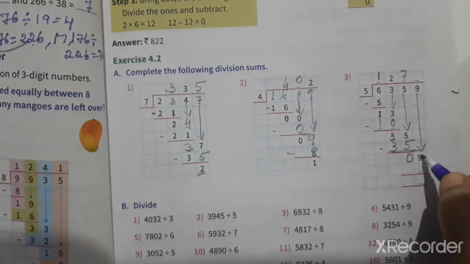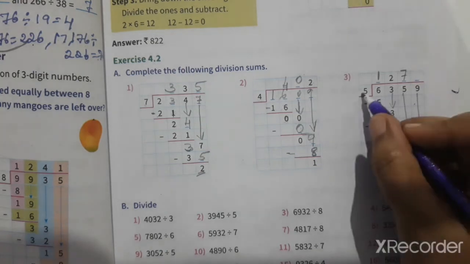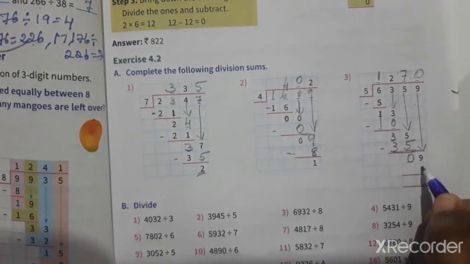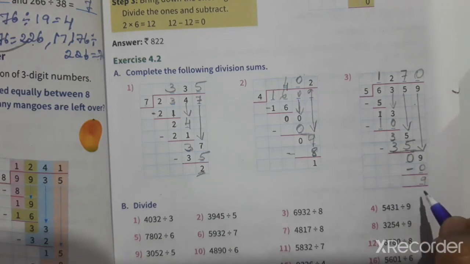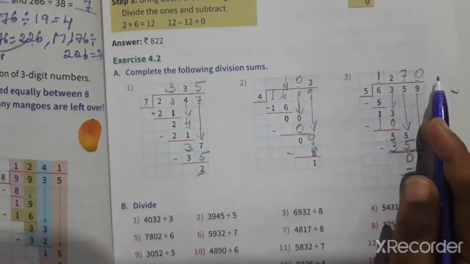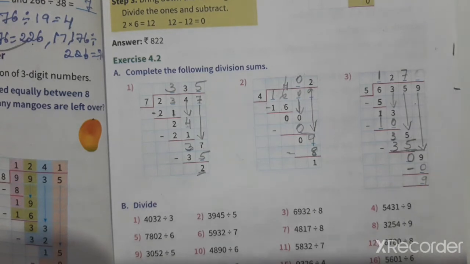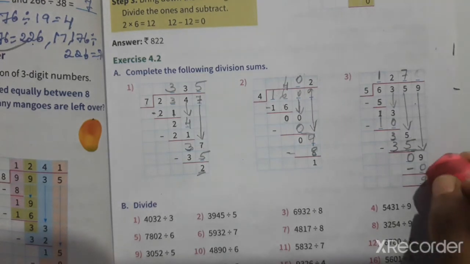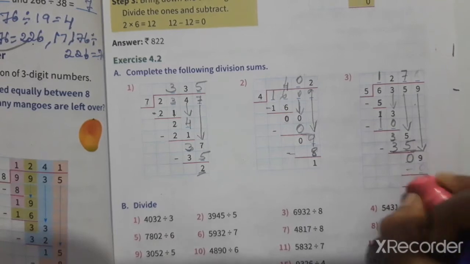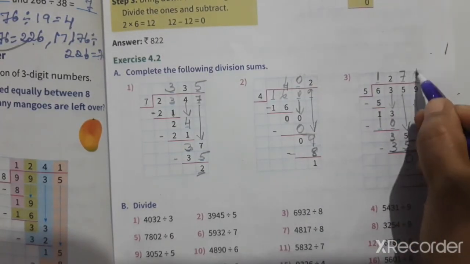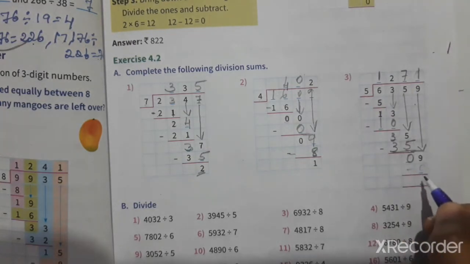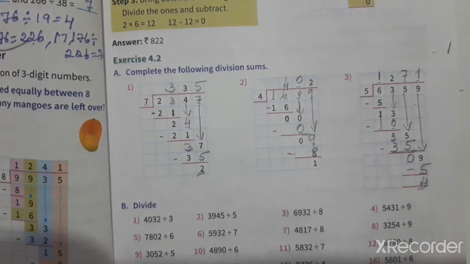Nearer, 5 2s are 10. 10 is greater than this number, so we can consider 5 ones are 5. Sorry children, 5 zeros are 0, 5 ones are 5, 5 2s are 10. So we consider 5 ones are 5, 9 minus 5 is 4. 4 is the remainder.